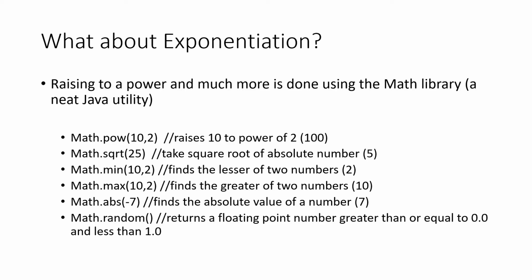The min, the lesser of two numbers, the min in this case of 10 and 2 is 2 because it's the lesser of two numbers, and likewise math.max, the greater of two numbers, is 10. You can take a negative number and get its absolute value, which is positive 7. And at times we'll be using, and not today, math.random, which returns a floating point number greater than or equal to 0.0 and less than 1.0.